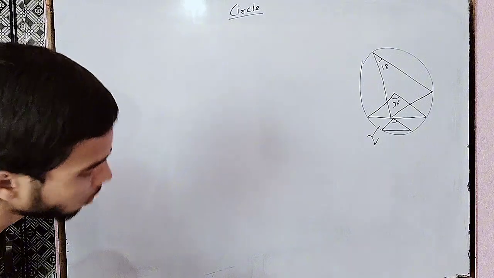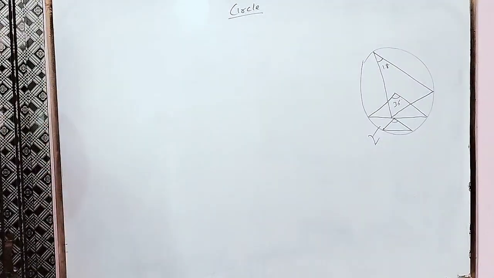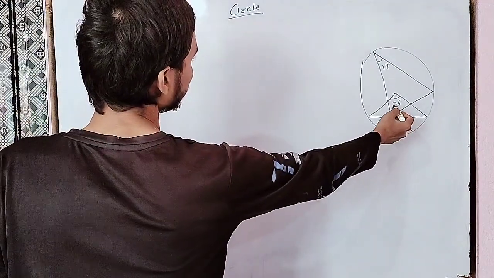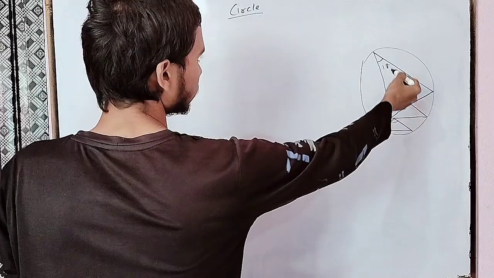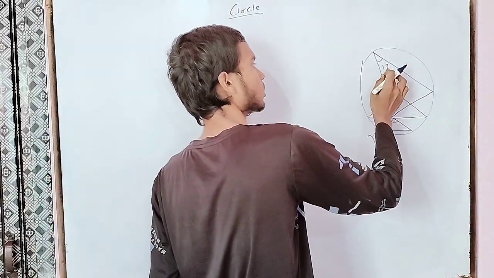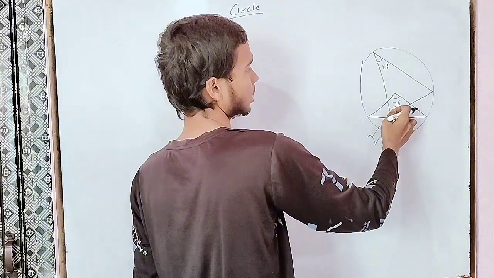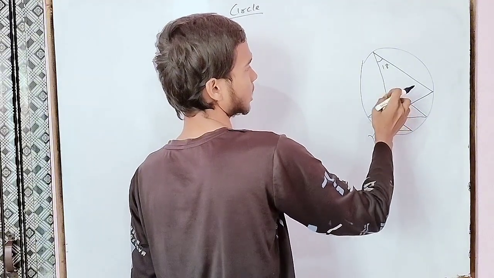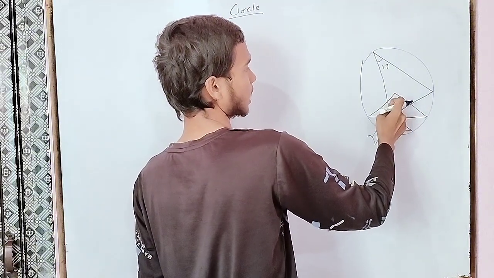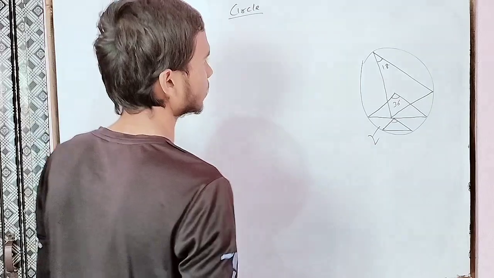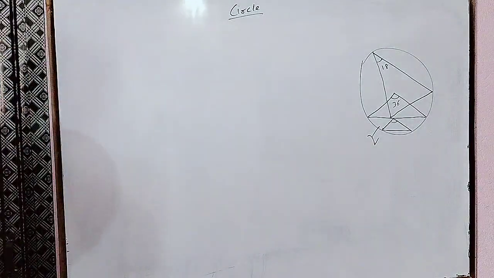So now let's move on to the theorem. From here we understood that if the degree of this angle is given, then we can find the degree of this angle. Okay, this is what we understood.